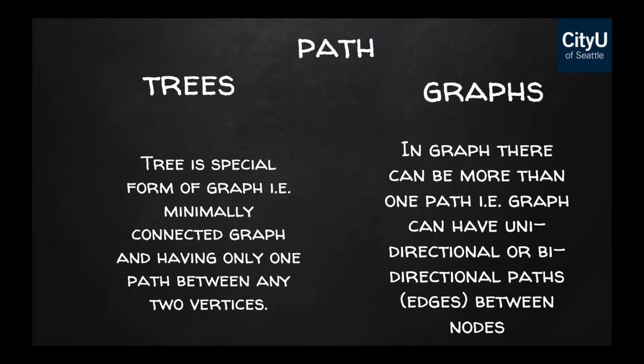That's why most of the time in algorithmic data structures, trees are taught first before graphs, because graphs don't have a structure somehow, so it's harder to grasp. The tree is a special form of graph, a minimally connected graph, and having only one path between any two vertices.